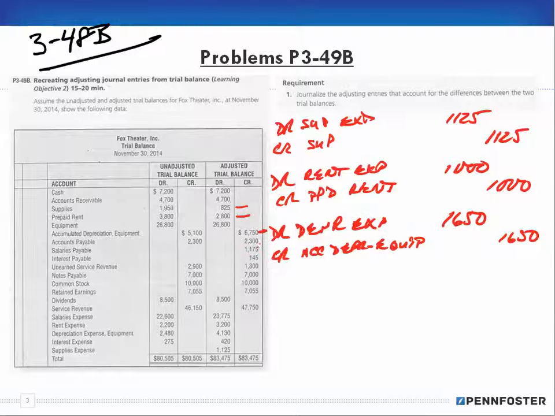Accounts payable stayed the same. Salary payable had nothing, and now it's a credit of 1,175. So I credit salaries payable for 1,175, and debits have to equal credits, so I debit something else. If it's salaries and it's a payable, that means I owe the salary, which means I had to expense the salary, so it's salary expense for 1,175.